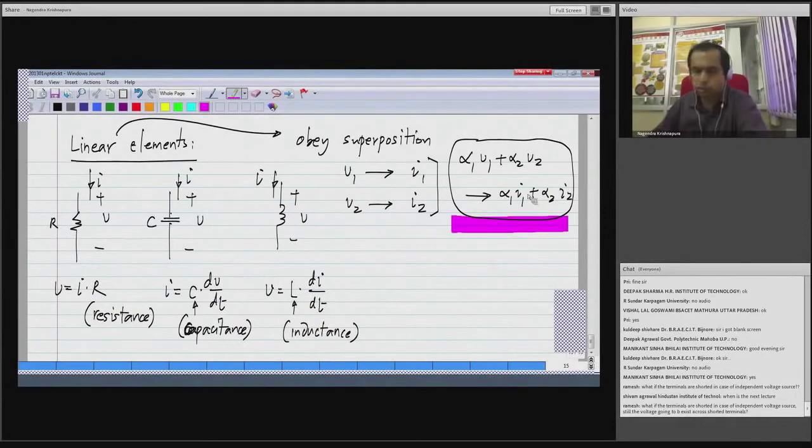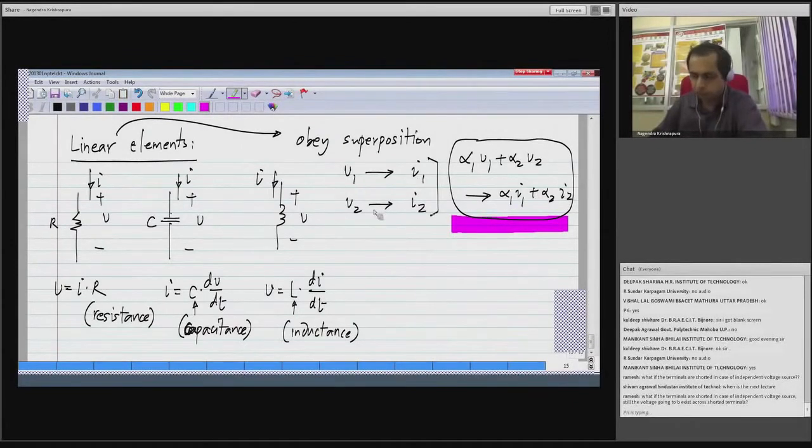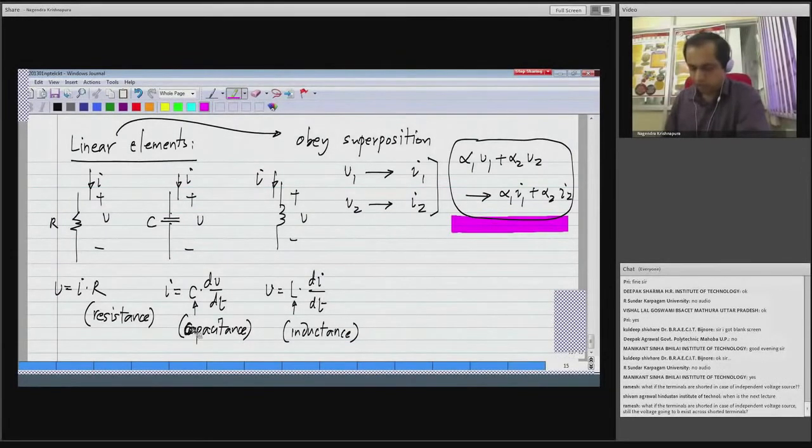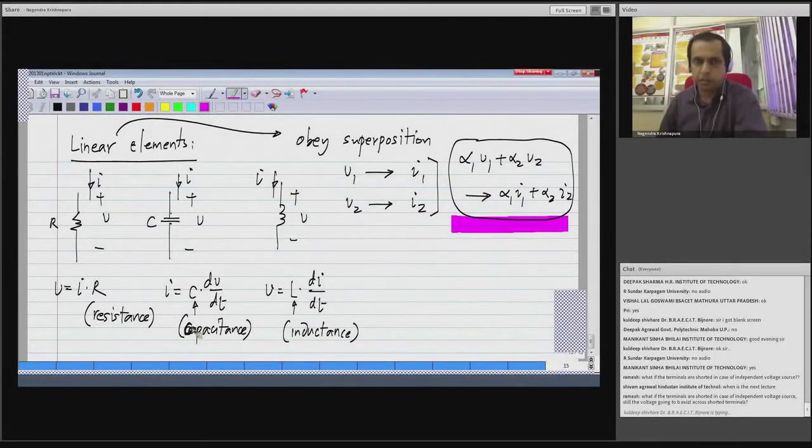It can also be in the other direction: if I1 gives you V1 and I2 gives you V2, alpha 1 I1 plus alpha 2 I2 will give you alpha 1 V1 plus alpha 2 V2. That is essentially what we discussed in the previous lecture. Now, what we'll do is consider some simple interconnections of these elements and see what they result in.